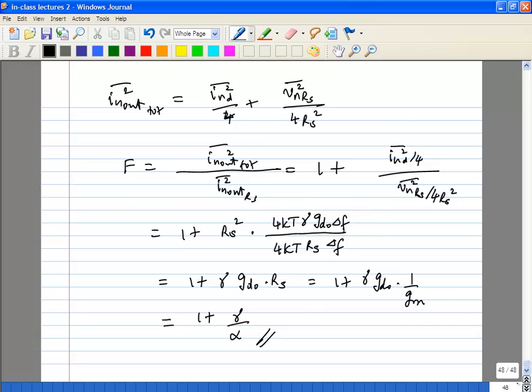And for a long channel, what is F? Gamma is 2/3, alpha is 1, so it's 1.67, which is approximately 2.2 dB.